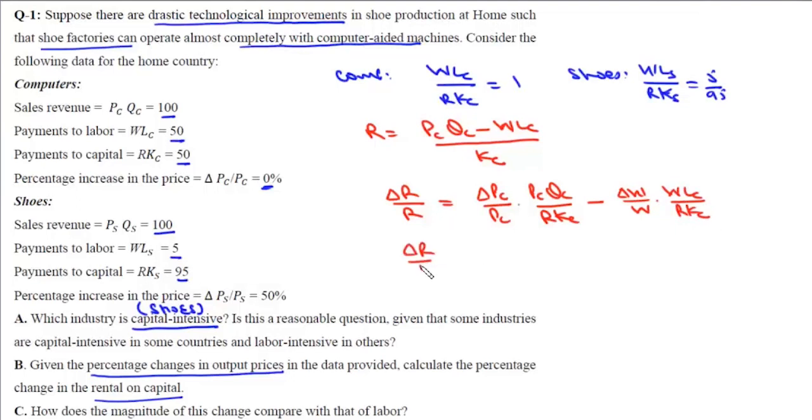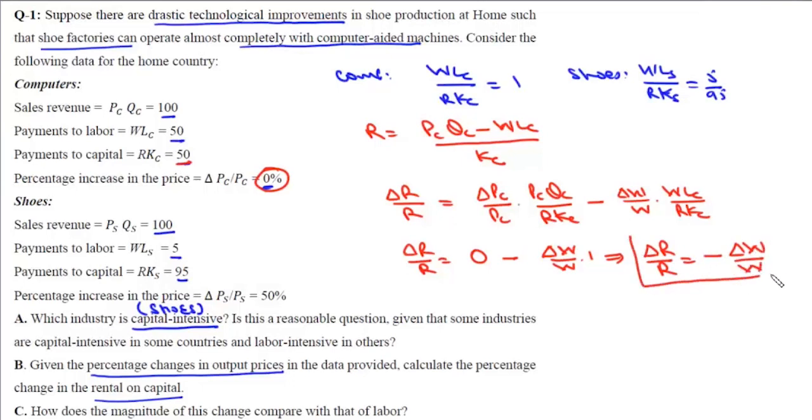Now this is delta R upon R. Now the change in price of computers is 0, so this is 0, and then minus delta W upon W into, now WLC is 50 and RKC is also 50. So from here we get our first equation, which is delta R upon R is equal to minus delta W upon W. So this is equation 1.